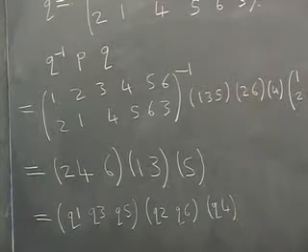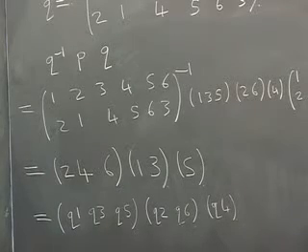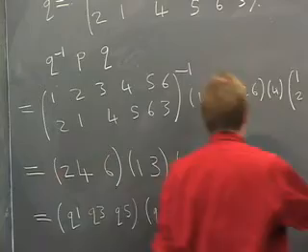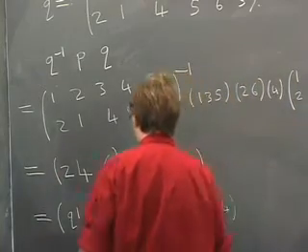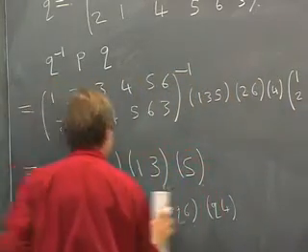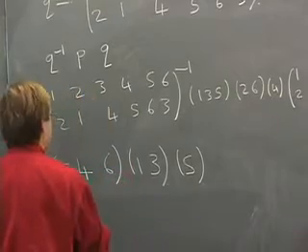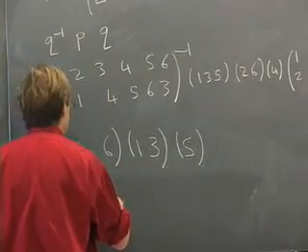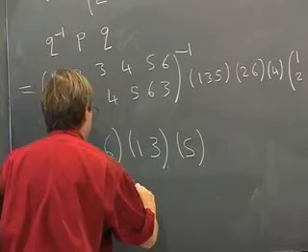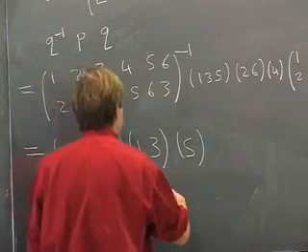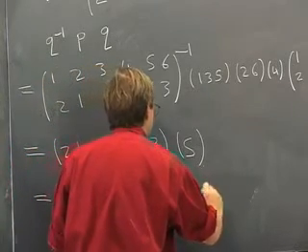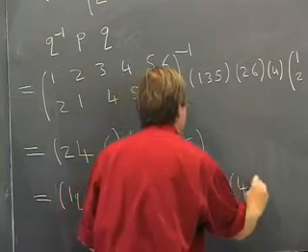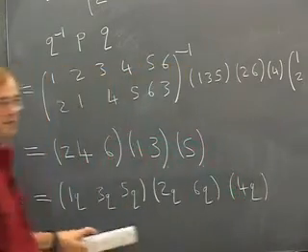Okay, yes? Where you've written Q1, Q3, I've moved it onto the wrong side, haven't I? My apologies. Thank you very much. 1Q, 3Q, 5Q, 2Q, 6Q, 4Q. Thank you.